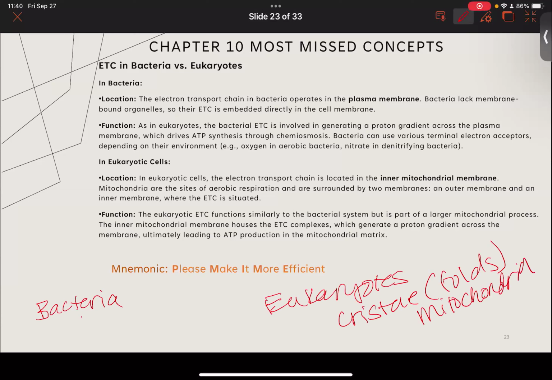Bacteria, this has to happen on the cytoplasmic, also known as the inner membrane.